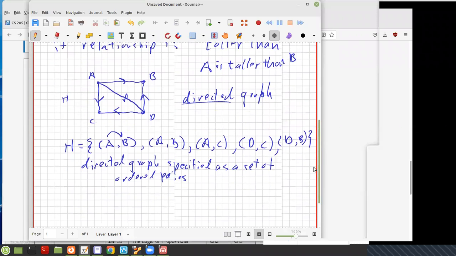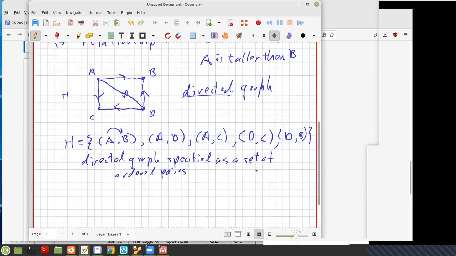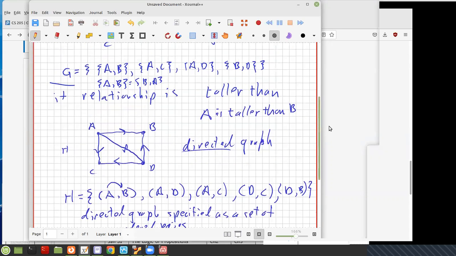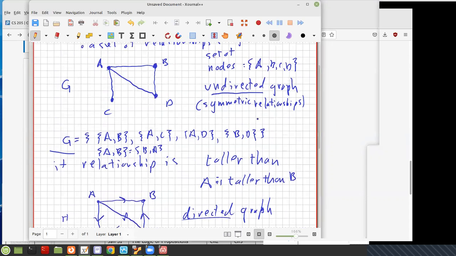Okay, so that gives us the basic idea of a graph, and two ways of specifying it, either as a visual diagram or as some kind of abstract set.